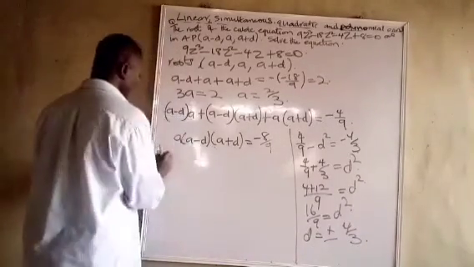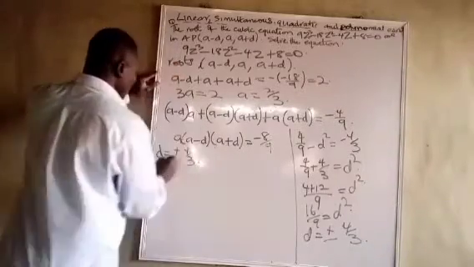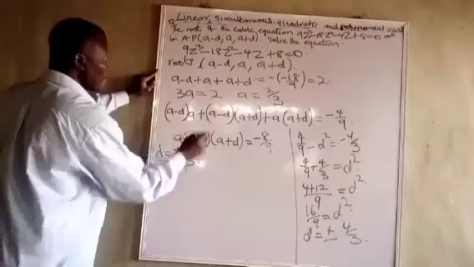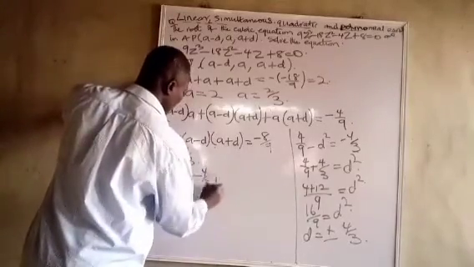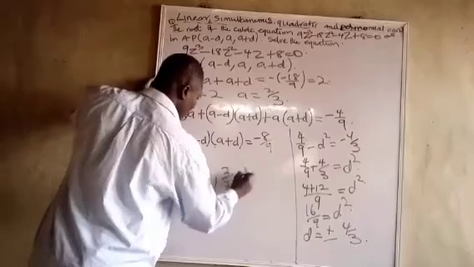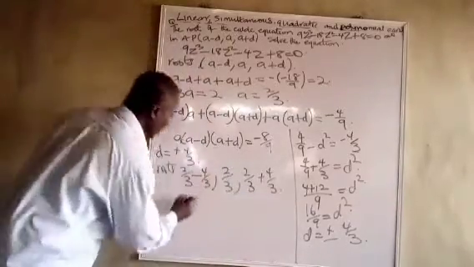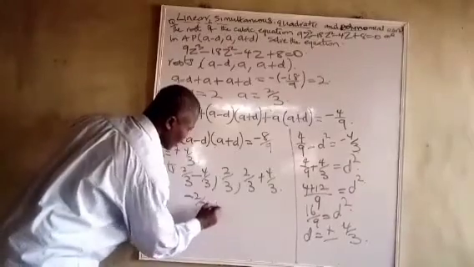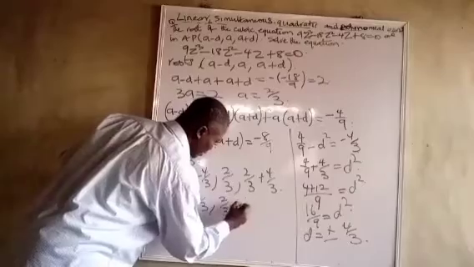If d is plus 4 over 3, it means that the roots will be 2 over 3 minus 4 over 3, 2 over 3, and 2 over 3 plus 4 over 3. So what do we have here? This one is minus 2 over 3, 2 over 3, and 6 over 3, that is 2.